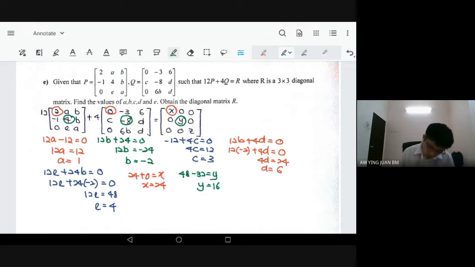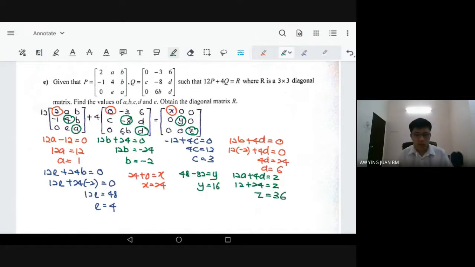Next, focus on the Z. So we have 12A plus 4D is equals to Z. So A is equals to 1, so we have 12. D is equals to 6, so we have 24 equals to Z, so Z equals to 36.